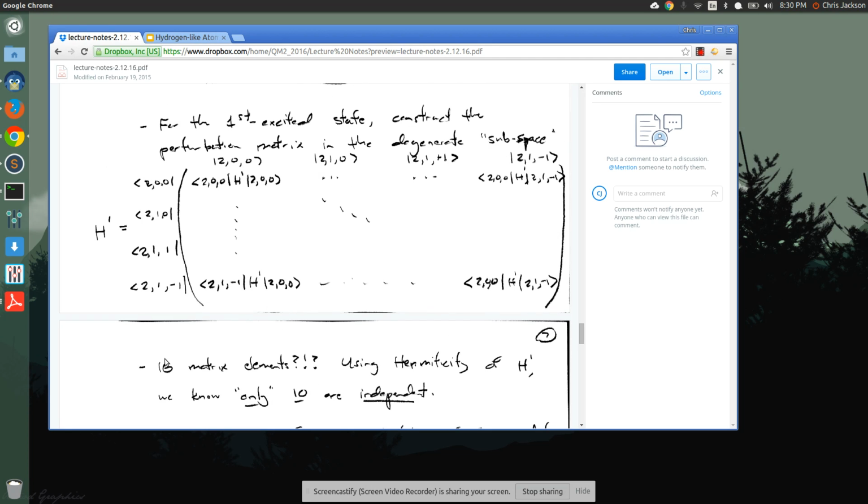One of the homework problems that I like to assign is computing the linear Stark effect for the second excited state. And so that means you're going to have this gigantic matrix that you're going to have to deal with.